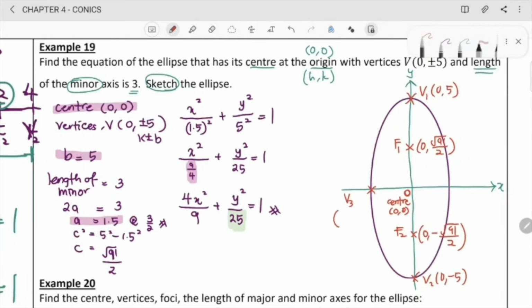The length of a is 1.5. So from 0 here, minus 1.5 length, we get negative 1.5. The y is 0, and here is v4. So from 0 to here is 1.5 in length. The coordinate is 1.5, 0. So that's all.